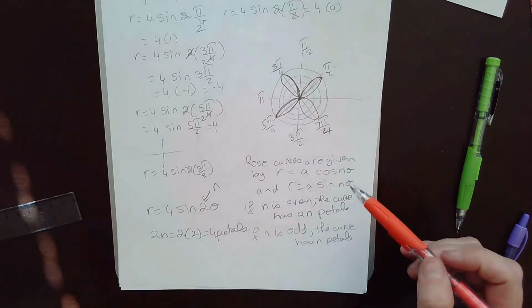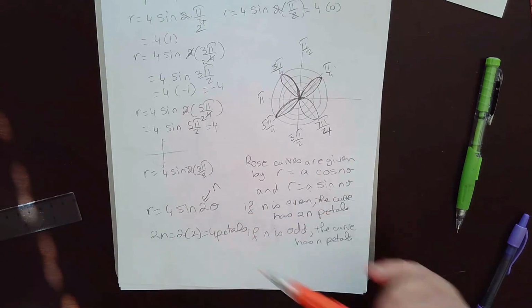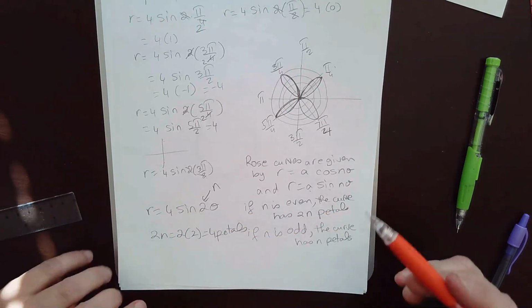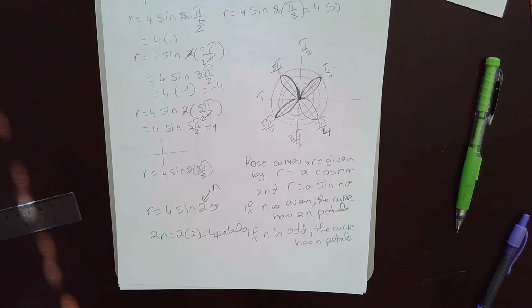If that had been n as odd, if that had been 3, I would have n petals, which is 3 petals. So this is the rose curve. Okay? So we are graphing polar equations. These are polar graphs.